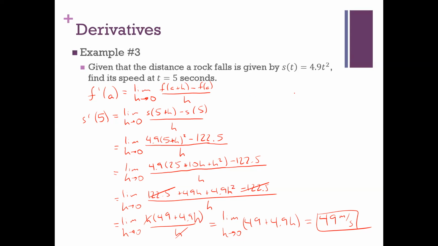Yeah, so let me sketch this parabola again. All parabolas sort of look like this, but let's say this point will have the location 5, 122.5. If I were to draw a tangent line here, this slope.